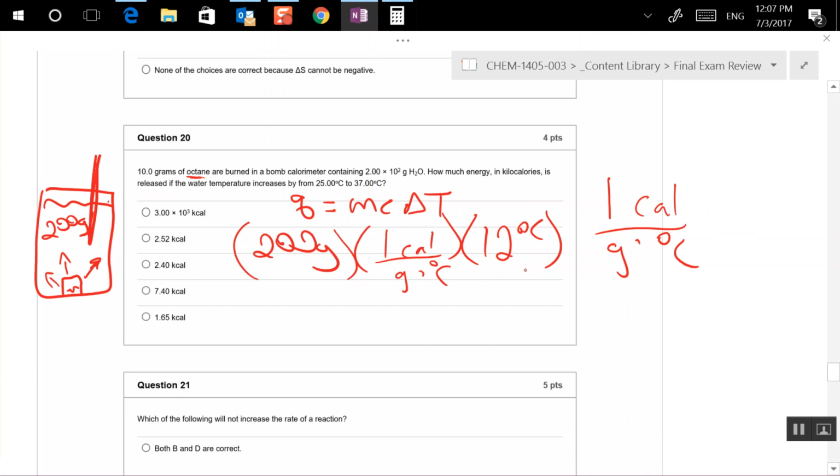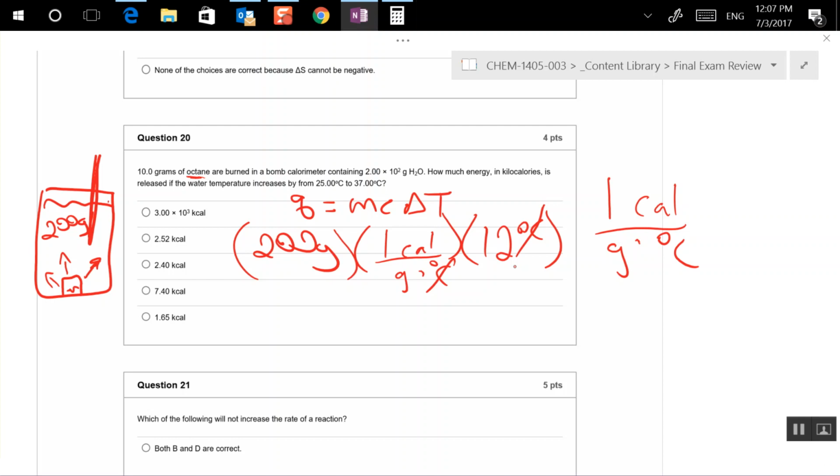Okay? And do I leave it in degrees Celsius? No. Okay? How do I know? Look at your units. Look at the units of your constant. What are they in? Degrees Celsius. So they will cancel. So I'm okay. All right? Gas laws, Kelvin.